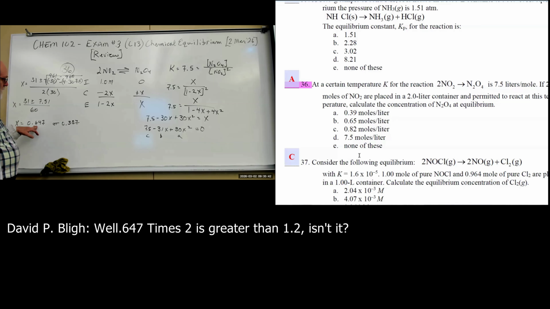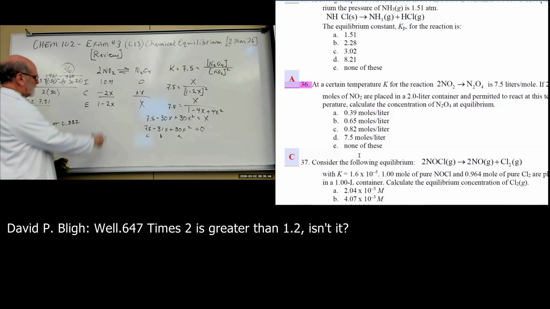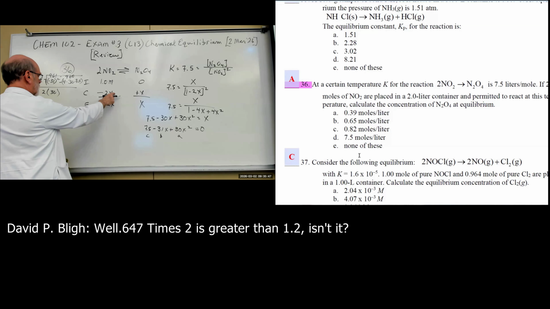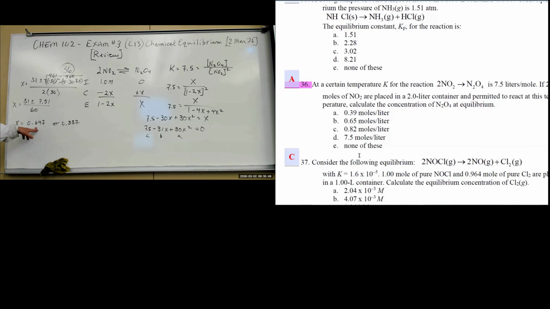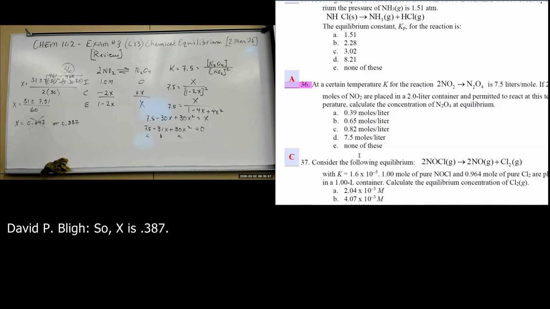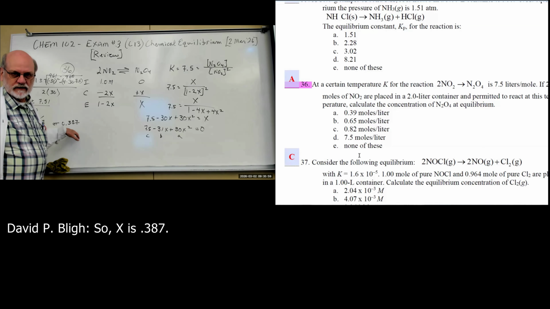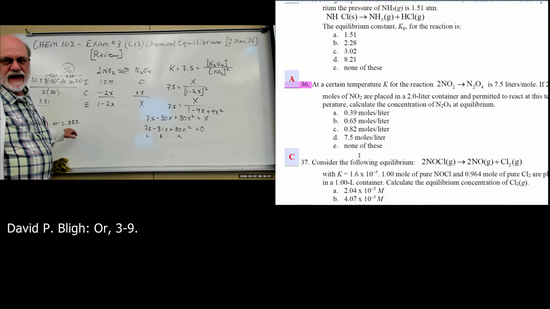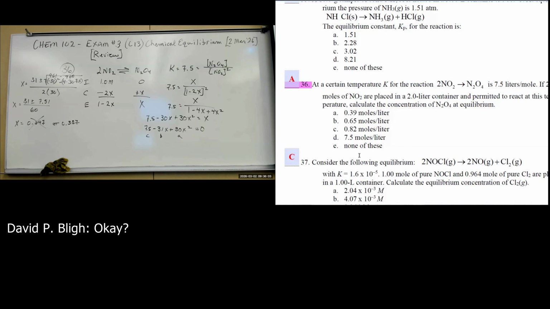Well, 0.647 times 2 is greater than 1, isn't it? So that can't be it. It won't work. It'd come out with a negative number. So it has to be 0.387. So X is 0.387 molar. Okay?